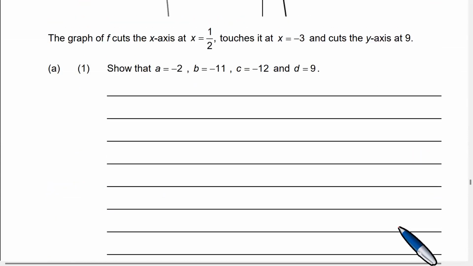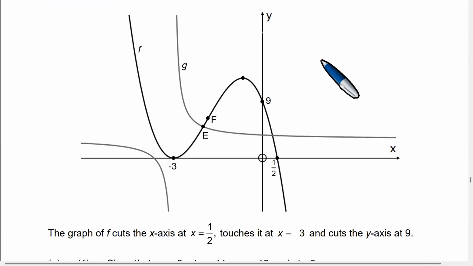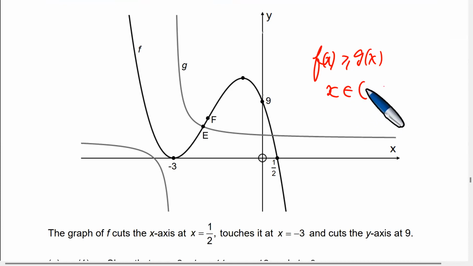F above g. If f of x is above g, you have this here, but we must only look at the case where you have minus infinity to 0, not other parts.